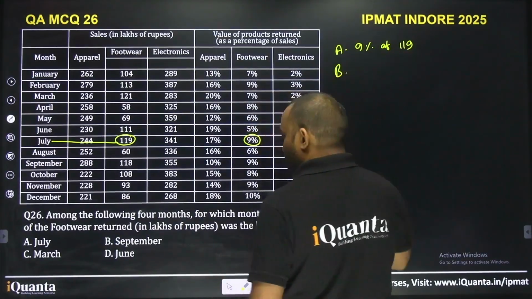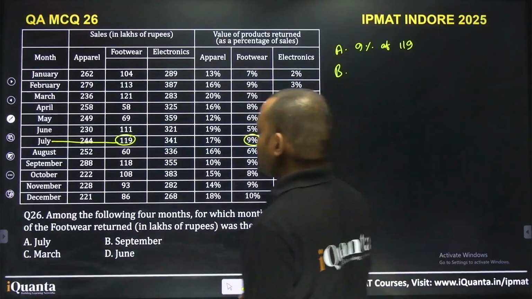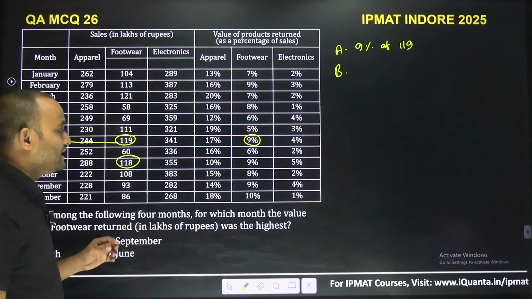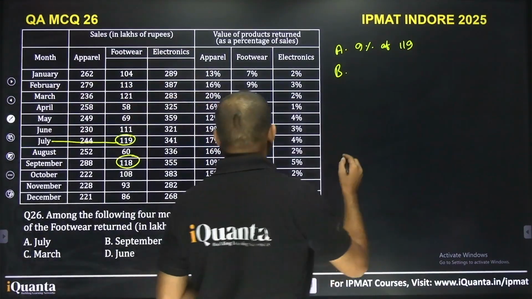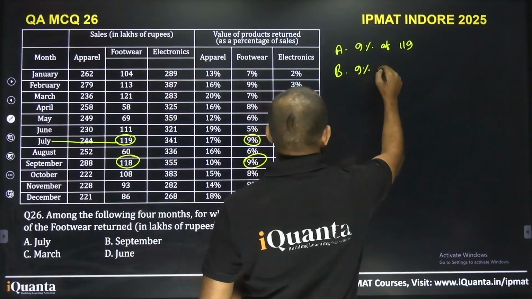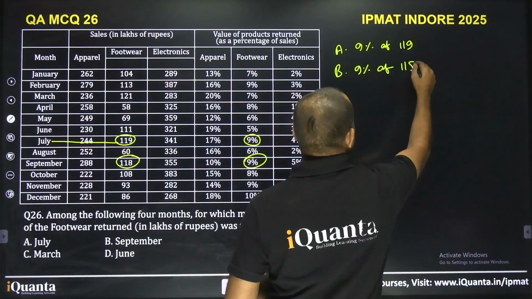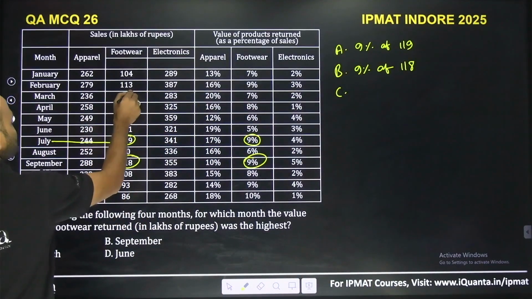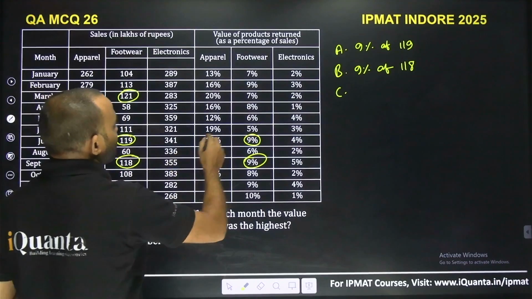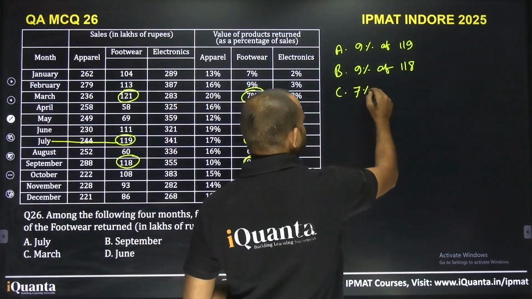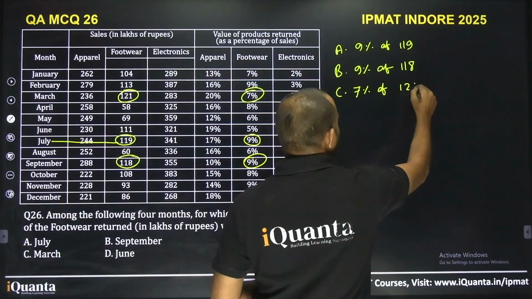Now in case of option B, it's September, the total sales is 118, and the value returned is 9%. So 9% of 118. Option C, it's March. The total sales is 121, and what was returned is 7%. So it will be 7% of 121.